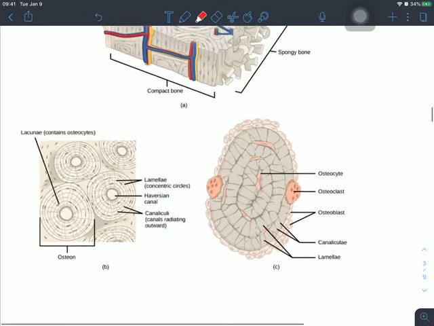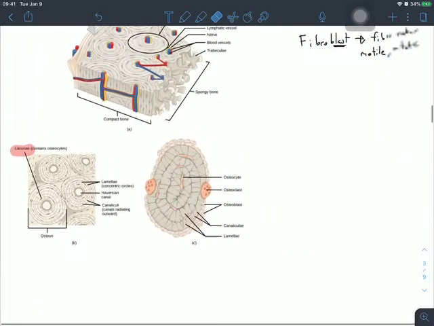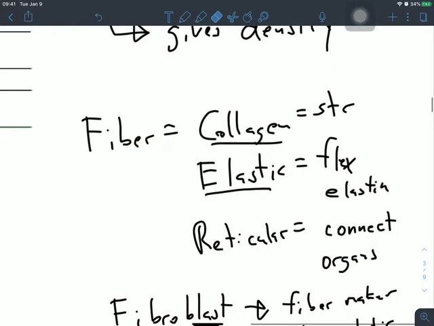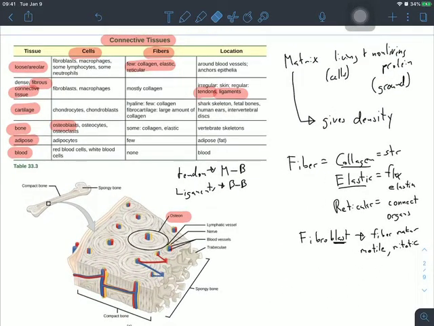We also can see the lacunae, so this is what it'll look like under the microscope, each of the individual pockets within the osteon, and a more cartoon version of what's happening even in further detail. So connective tissue is quite diverse, but really defined by these three different types of fibers and its ability to be both dense and connective.